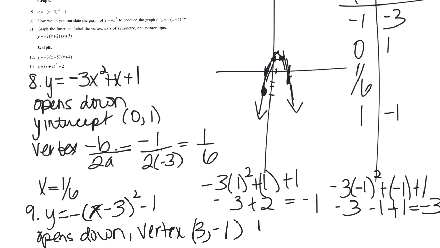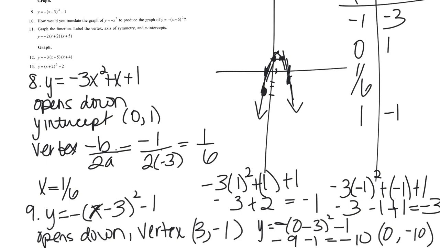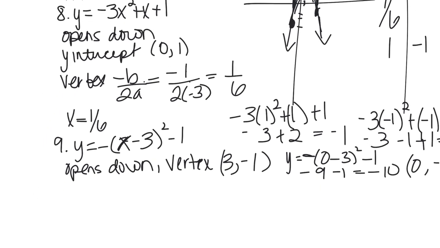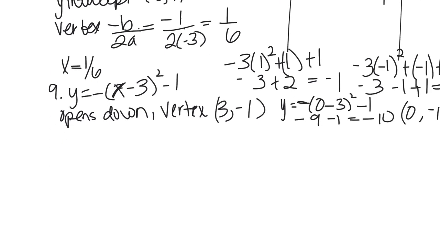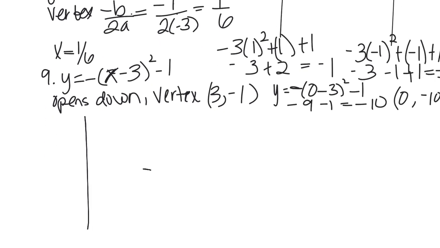Let's plug in 0. y equals -(0 minus 3) squared minus 1. So -3 squared is 9 times the negative, -9, minus 1 is -10. So at 0, it should be -10. Those pieces of information should give you enough to have a pretty good idea of what this graph looks like.